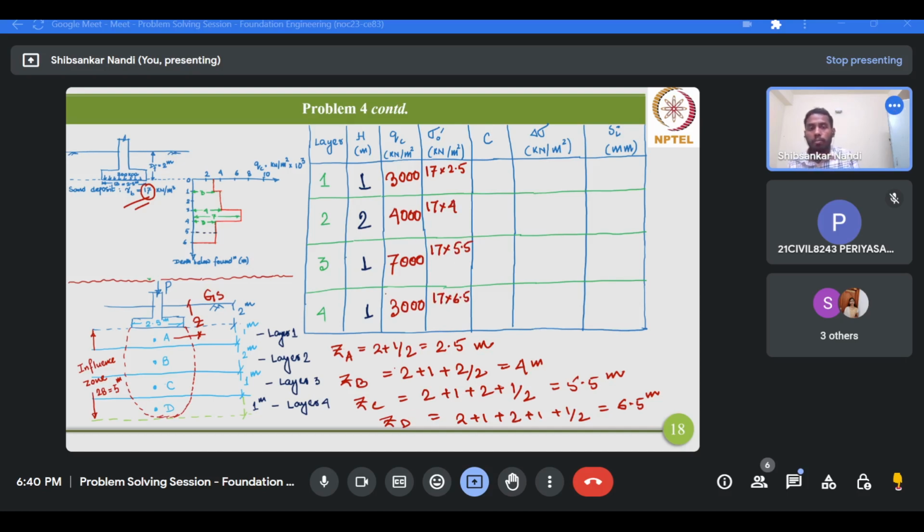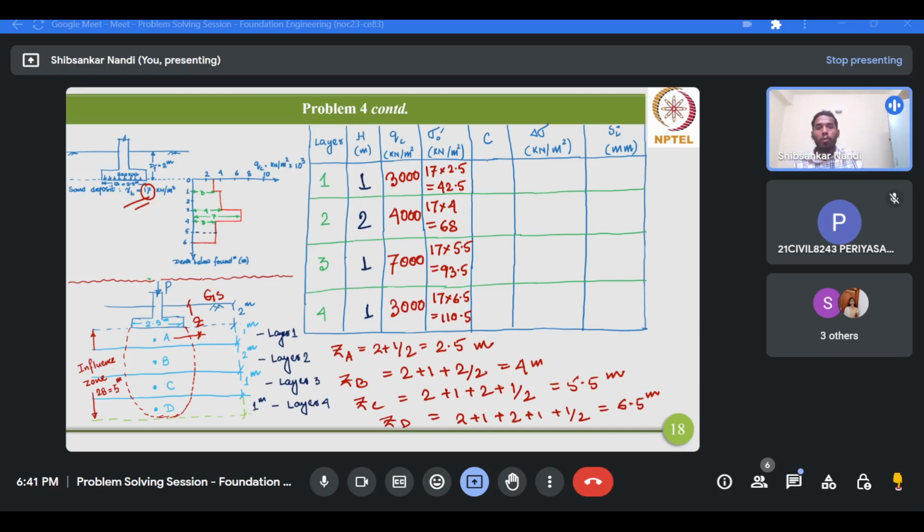Now what would be the values for sigma 0 prime? First it would be 42.5, then for the second layer 68 kPa, the third layer 93.5 kPa, and finally for the fourth layer 110.5 kPa. Please cross check these values.